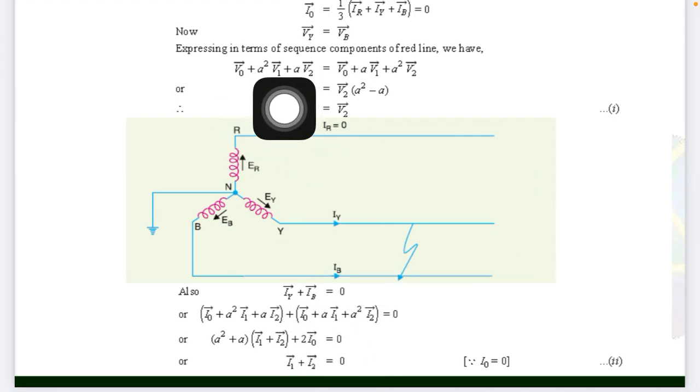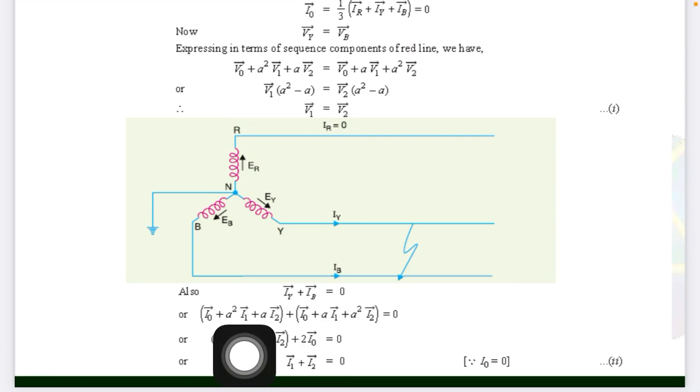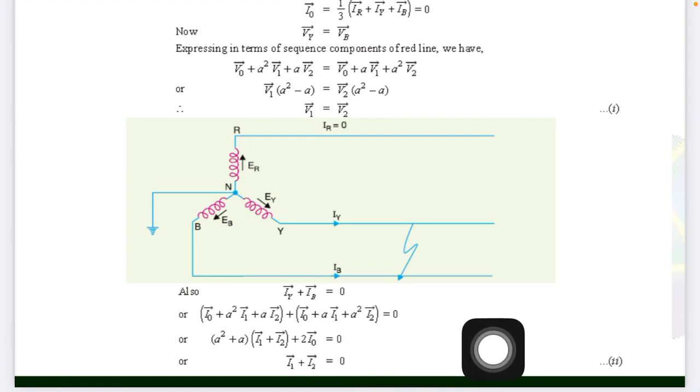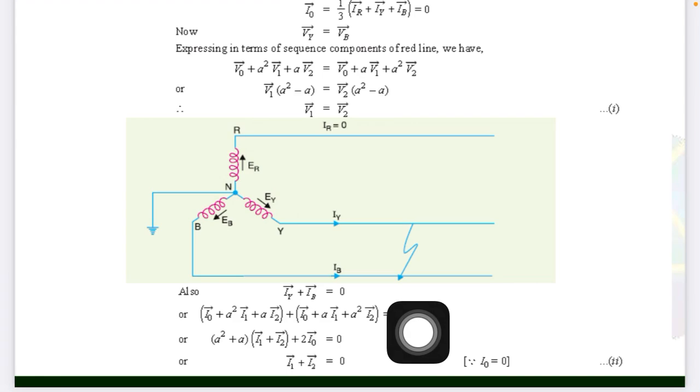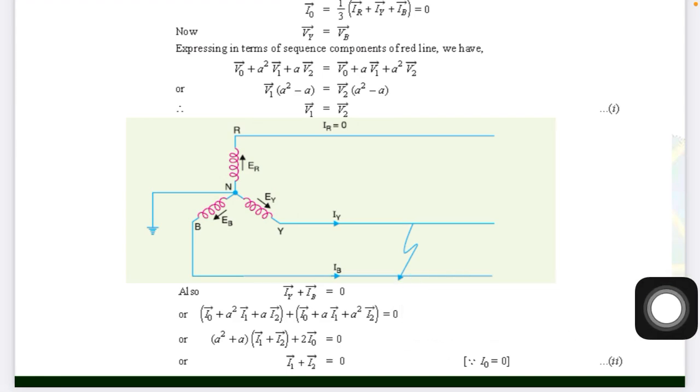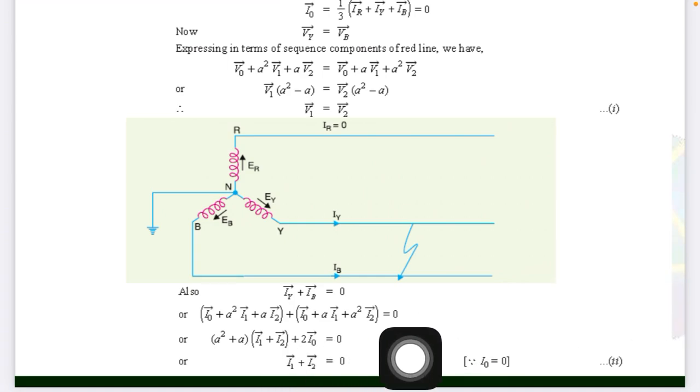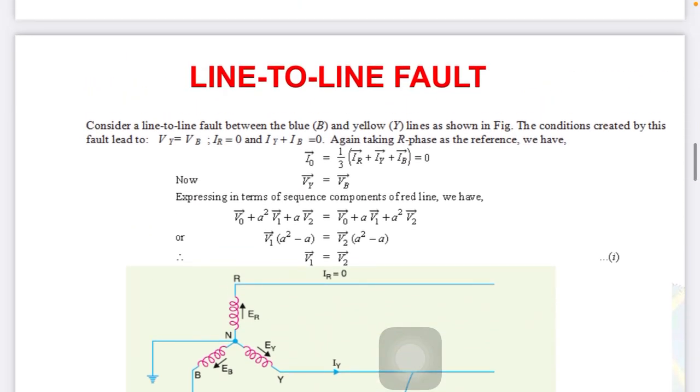Using the current equations, Iy is I0 plus a square I1 plus a I2, and Ib is I0 plus a I1 plus a square I2. Adding, with a square plus a equal to minus 1, we get minus I1 minus I2 plus 2 I0 equal to 0. Since I0 is equal to 0, only I1 plus I2 is equal to 0 remains.